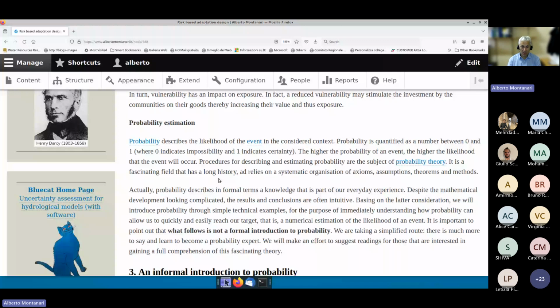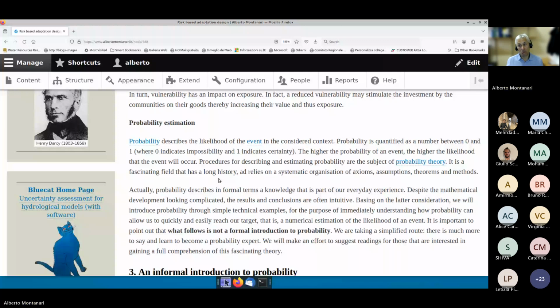And probability is quantified as a number, as I said, between 0 and 1. 0 indicates impossibility. When we say probability 0, it means impossible. And 1 indicates certainty. When we say probability 1, it means I am certain that this will occur. So probability doesn't exclude certainty, and probability doesn't exclude impossibility, okay? The higher the probability, the higher the likelihood, okay?